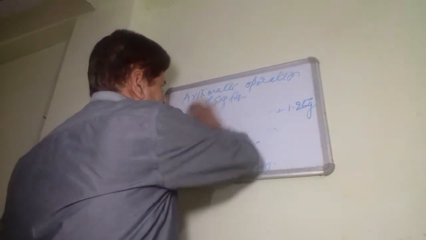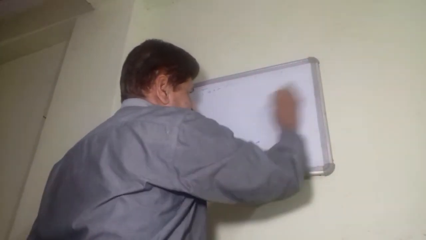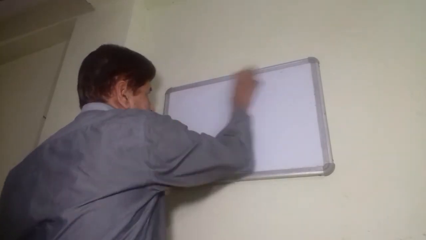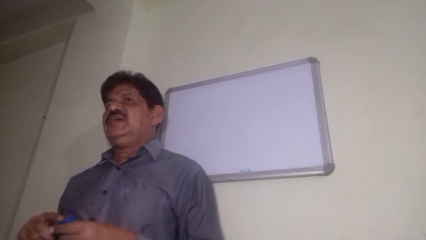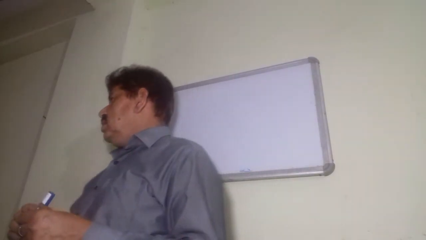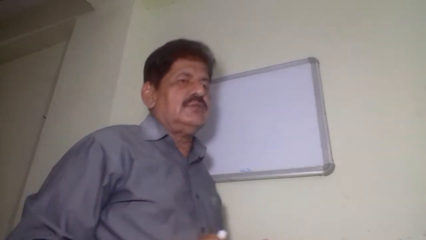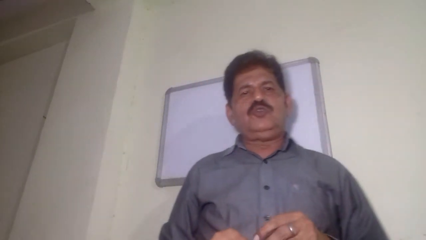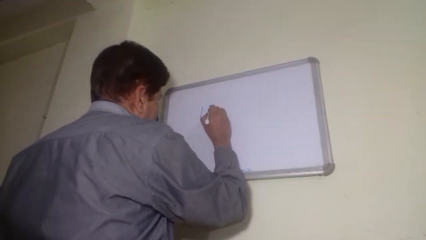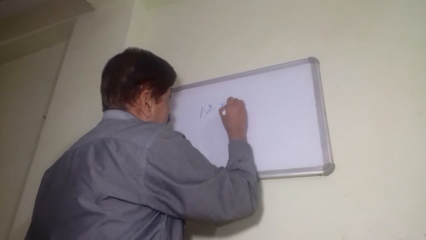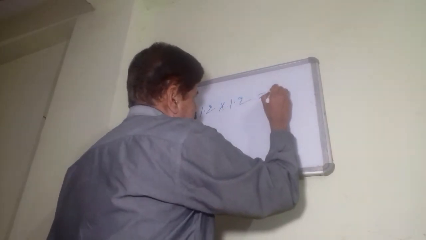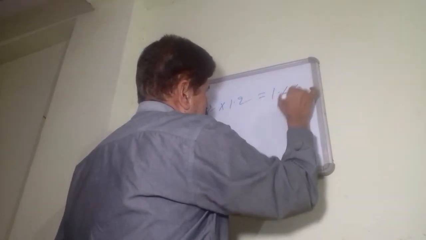Similarly, in case of multiplication and division, the significant figures of the answer should be equal to the minimum number of significant figures of the original numbers. For example, 1.2 into 1.2 becomes 1.44.